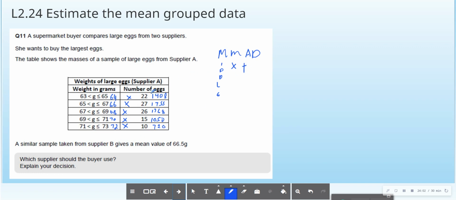Then you're going to add. You've got to find the total of all of these and the total of all of these. So I'm going to add these up. 1408 plus 1755. This is wrong. I've done this one wrong. This one is 1782. Apologies.